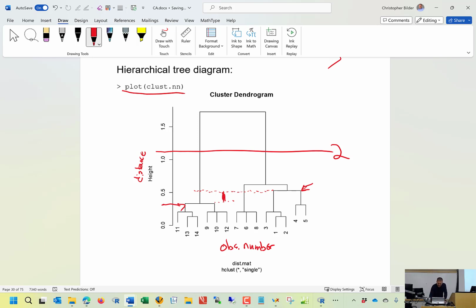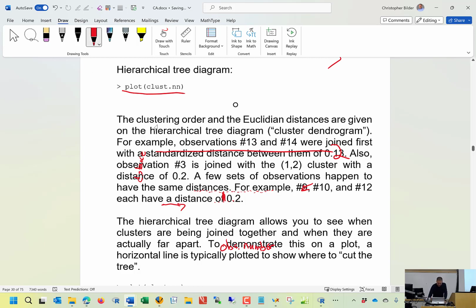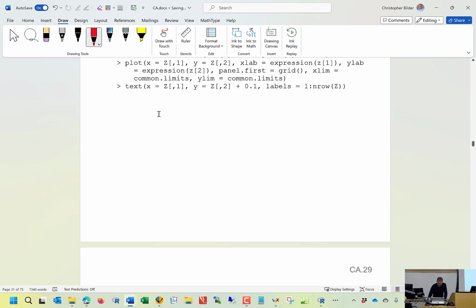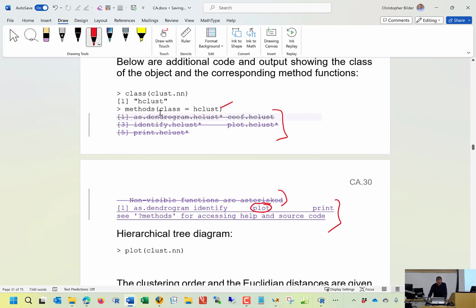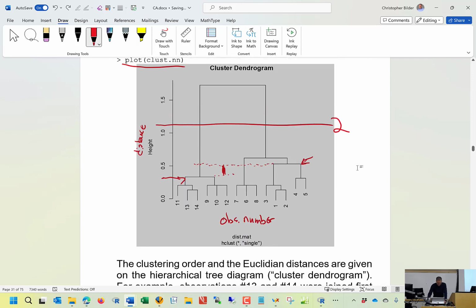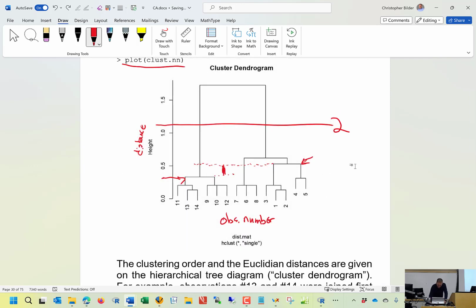I am not focusing on this distance, because this distance here is larger relative to what I have been doing.